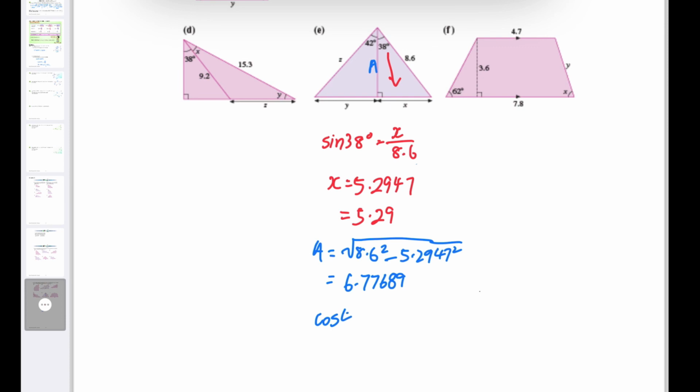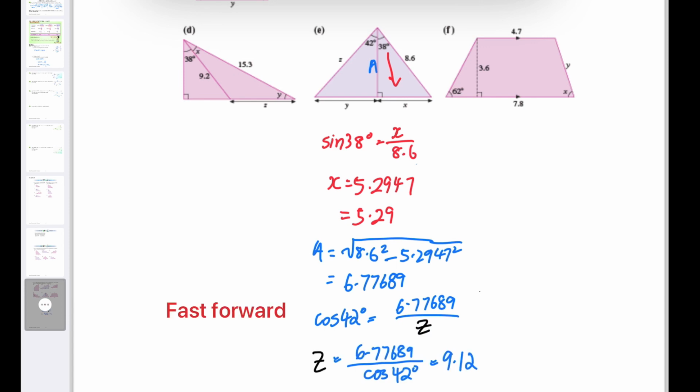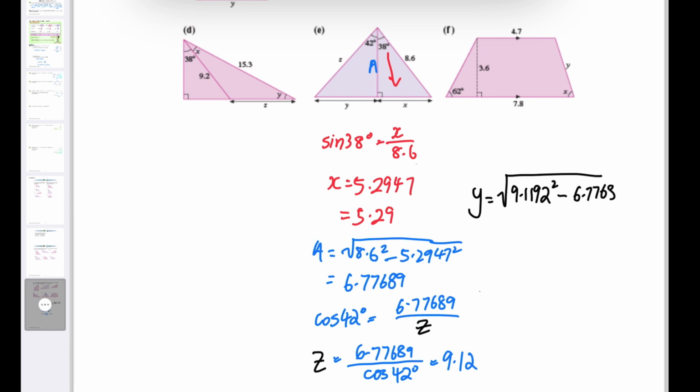Cosine of 42 degrees equals a over, okay, now we're looking for y. So we can use Pythagoras theorem to say that the square root of 9.1192, which is 9.12 squared, minus 6.77689 squared, and then I square root the whole thing, it will give me y.